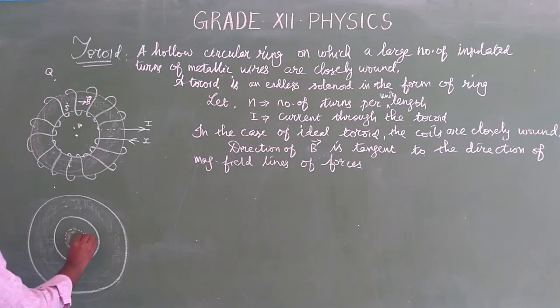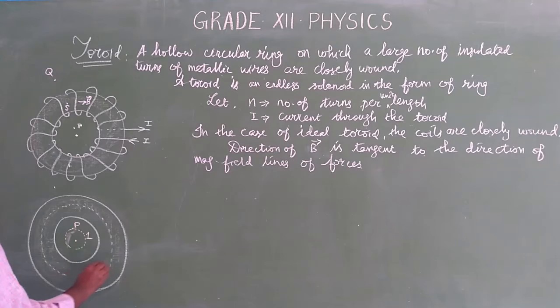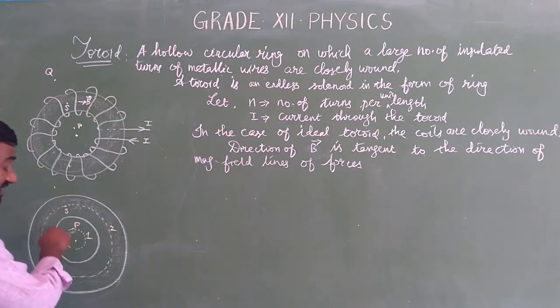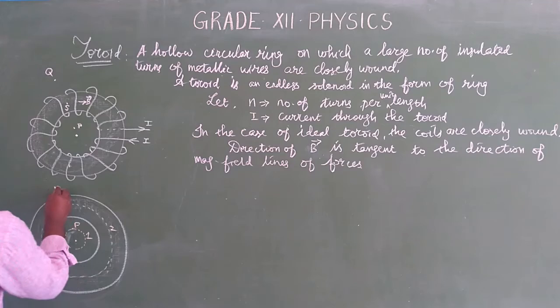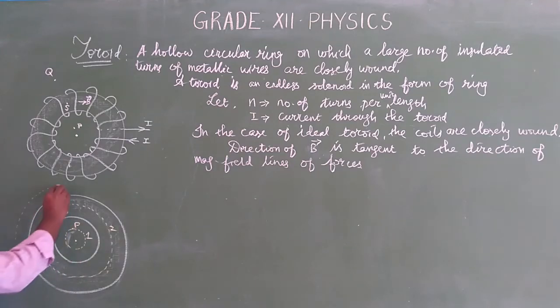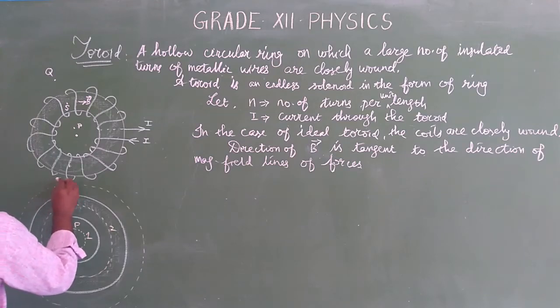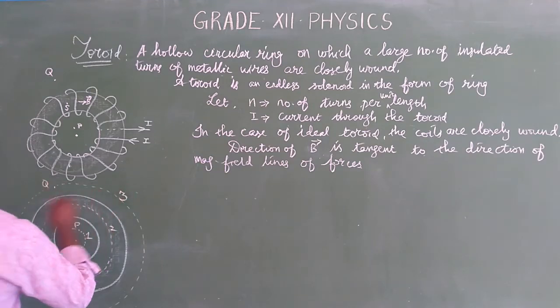This is the first Amperian loop at point P, and the second Amperian loop is here at S. The first Amperian loop is inside the toroid, the second Amperian loop is on the surface of the toroid, and the third Amperian loop at Q is outside the toroid.